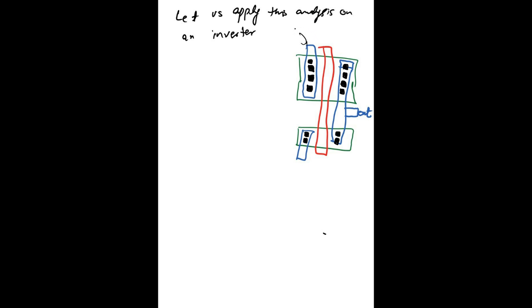Like this point is VD. We have here our output, and then we have here our Vin, that is our input. The size of this PMOS is 8 micrometer, and the size of this NMOS is 4 micrometer.